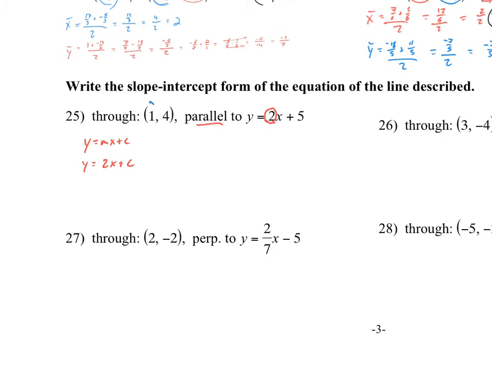I don't know c, but I know an x and a y coordinate, so let's put them in. y equals 2x plus c. 2 times 1 is 2. Subtract a 2 from both sides. These cancel out, and you're left with 2 equals c. So your equation should be y equals 2x plus 2. Yeah, I like it.